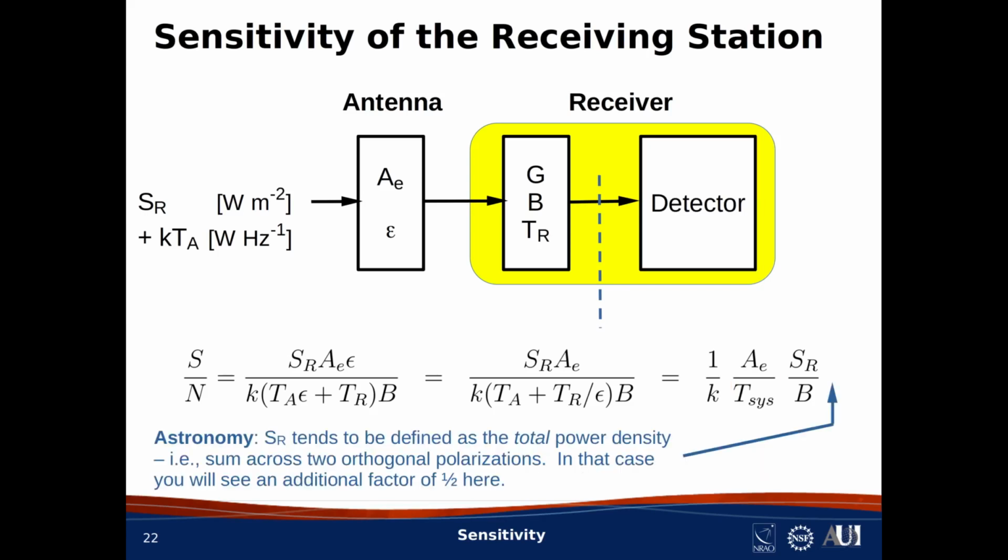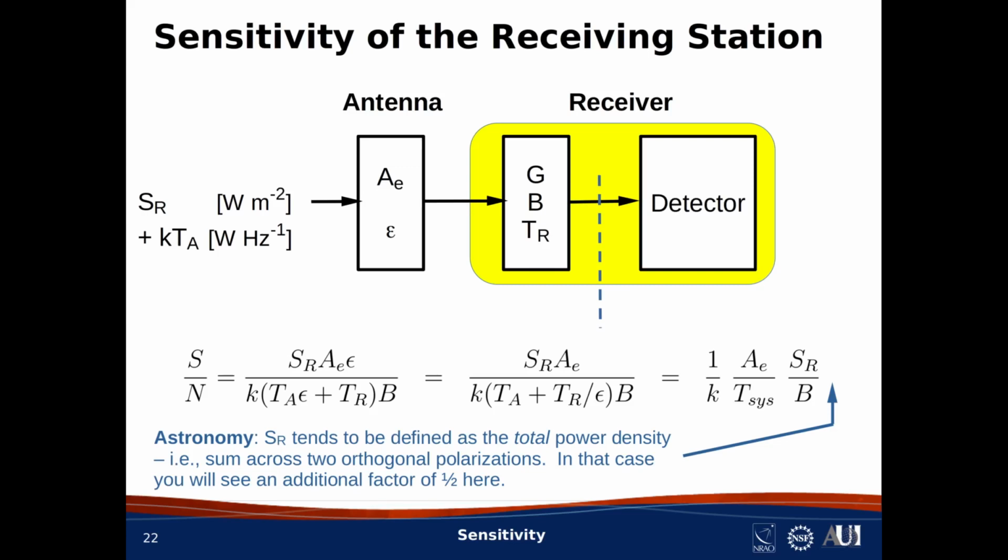Now, I have to warn you about one other potential pitfall, which once again pertains to definitions. Here, as in previous lessons, we've defined S sub r as the power density in one polarization. However, in astronomy, we tend to define power density as being total power density, that is, the total power incident in both possible orthogonal polarizations.